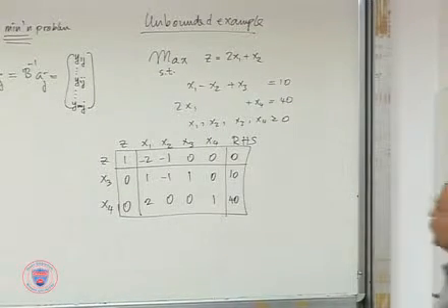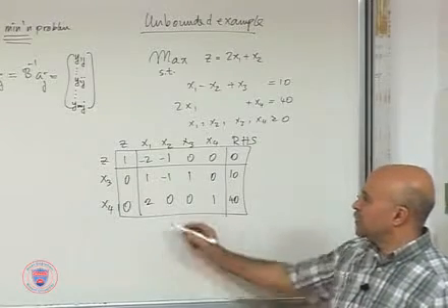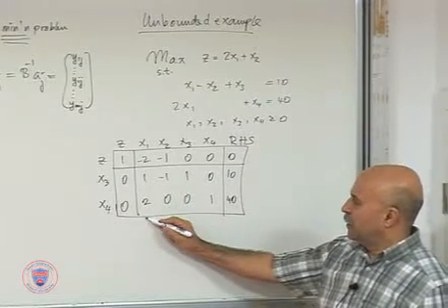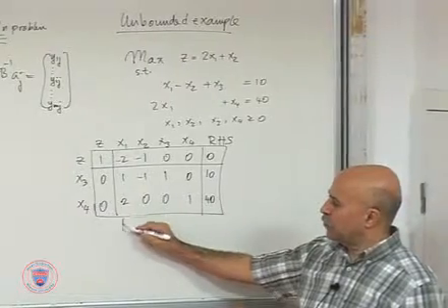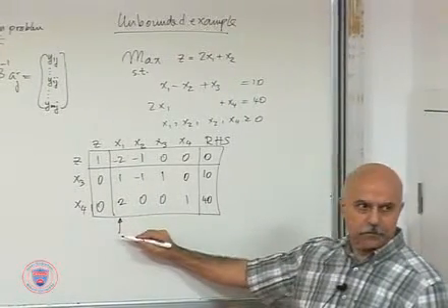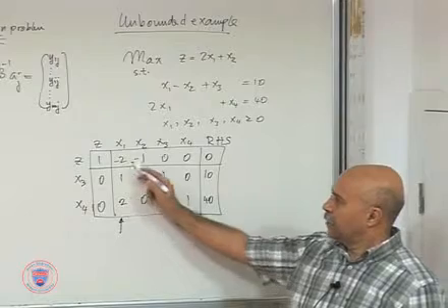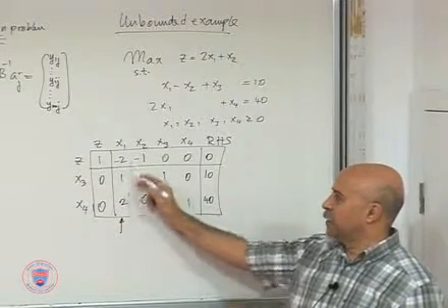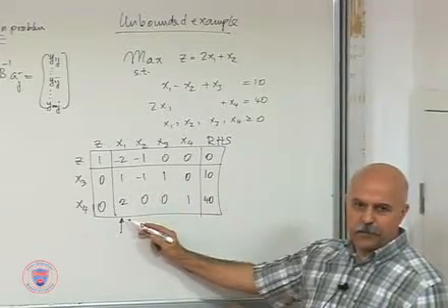In this case, I'm looking for an entering variable which is negative. And if I'm tempted to choose the most negative one, that's what I would choose. Except that I'm not going to choose that, because if I choose that, there's nothing wrong with that.